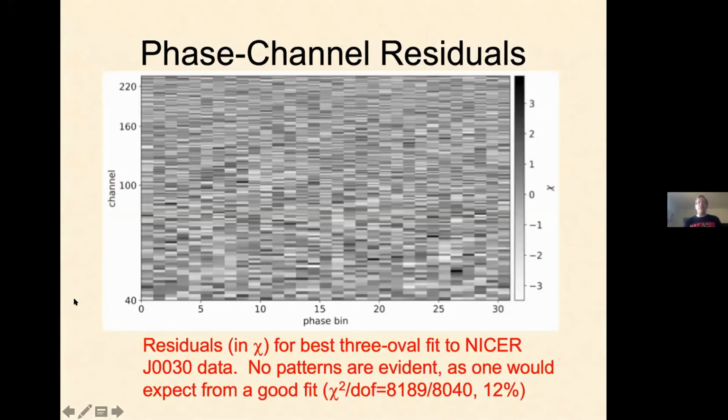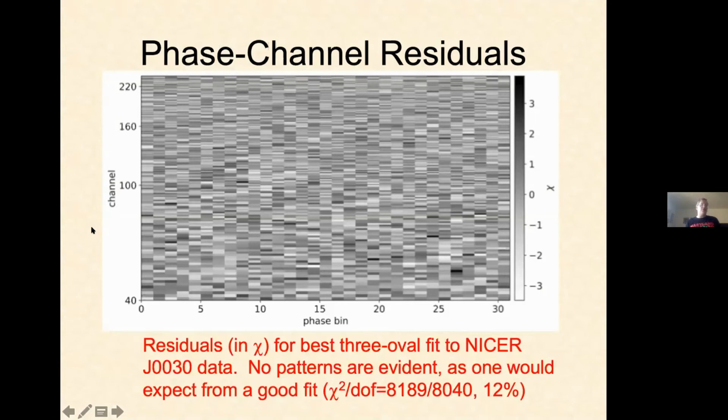If we go a bit further, we can look at the full set of data. Here we have energy channel from 40 to close to 300. And here we have the phase bin for 32 bins. There are no evident patterns. And the chi-square per degree of freedom is certainly in the acceptable range.